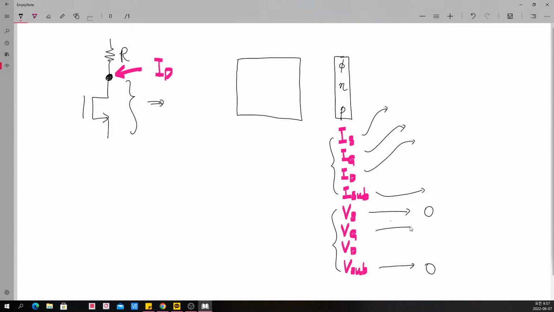And yes, if your gate terminal is connected to a voltage source whose value is V in, then just take V in. And in the case of drain, is it connected to the voltage source? No. So now it requires certain specification. So what should be done in this case? That is an important question you have to understand.